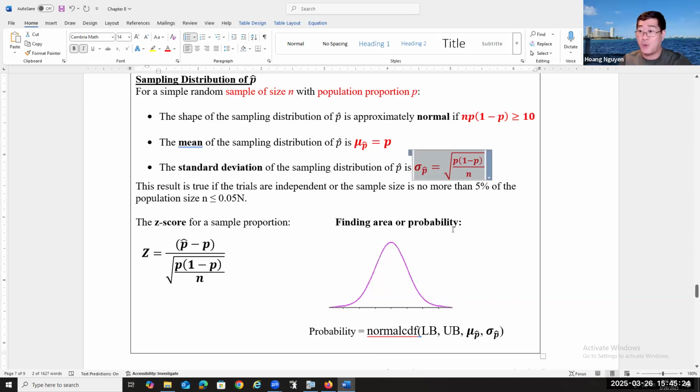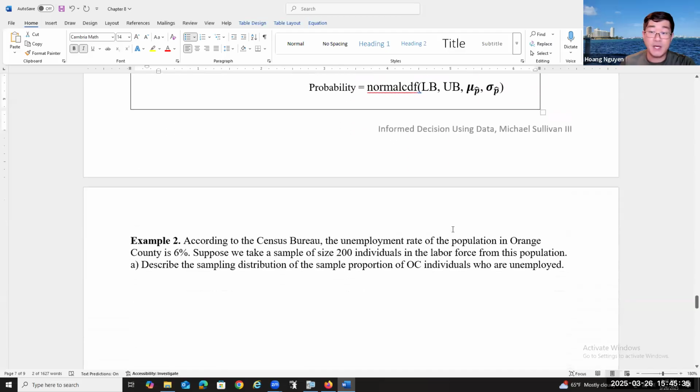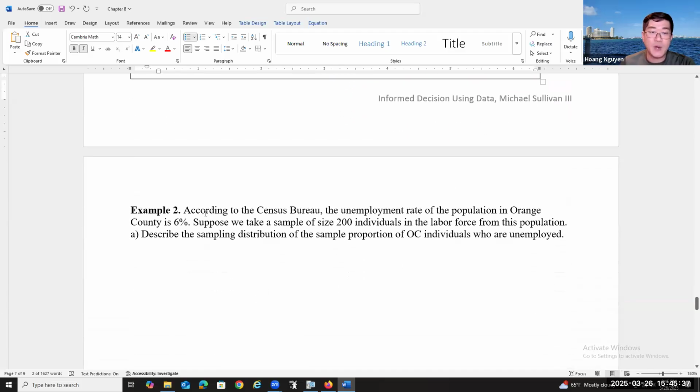Now we're going to do some practice questions, right? We'll use the summary to answer some probability questions based on the sampling distribution of the sample proportion. So the first question is this one. According to the census, the unemployment rate of the population in Orange County is about 6%. This is the population proportion of the unemployment rate.